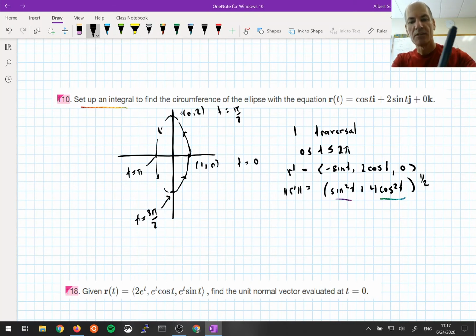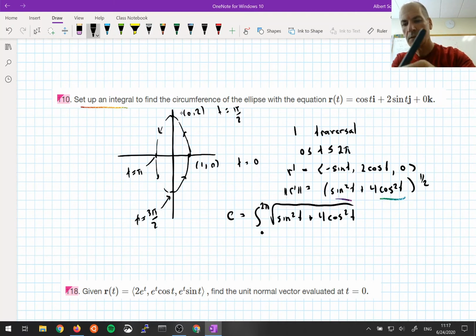I'm just stuck with this particular expression. So the length, or the circumference, which we'll call c, is the integral from 0 to 2 pi, the full parameter range, of the magnitude of r prime, in this case the square root of sine squared t plus 4 cosine squared t, dt.